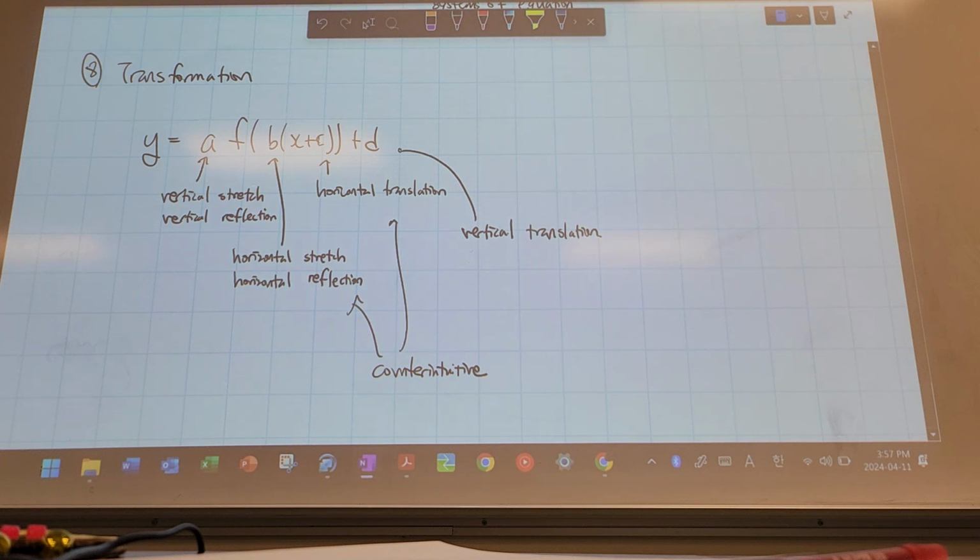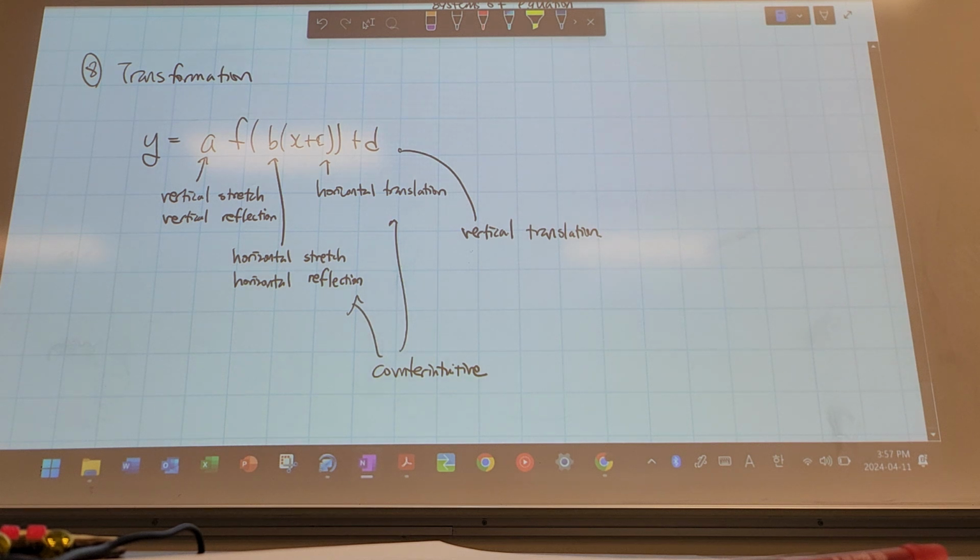For the B value, if you have a value that's bigger than 1, let's say 2, it feels like we should be stretching, or expanding, but actually it's the other way, we're actually compressing. So it's important that we know that horizontal stuff is always counterintuitive, so be mindful of that.